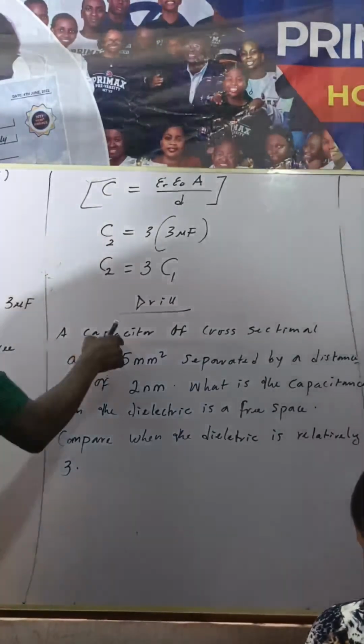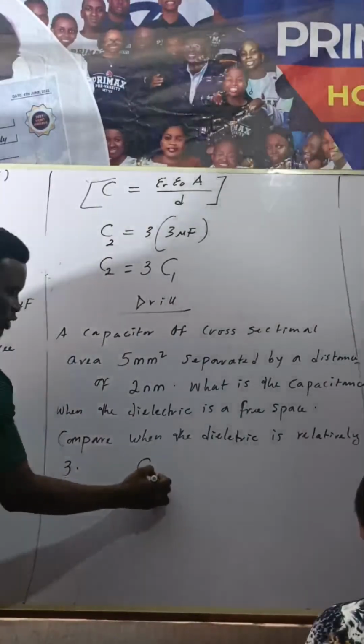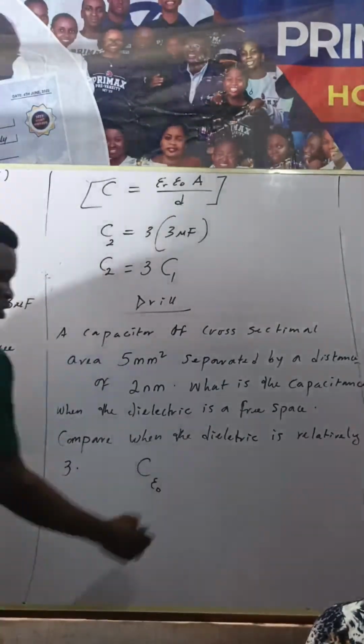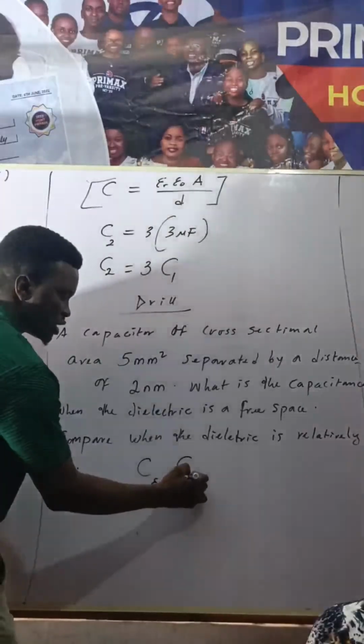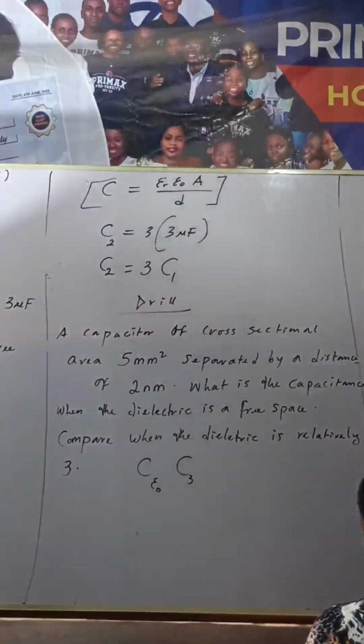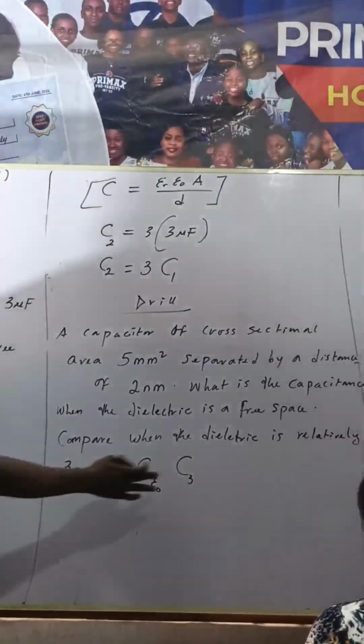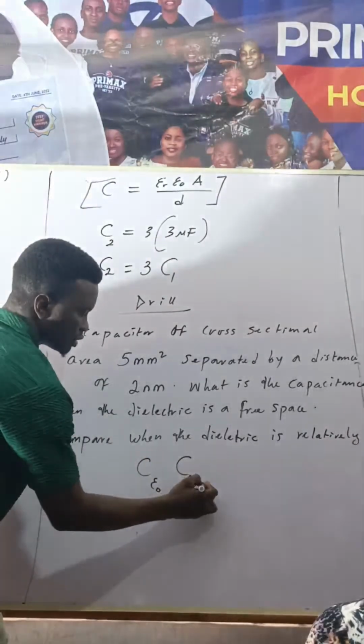That means that I should compare the capacitance when it was a free space to the capacitance when you are using a dielectric material that the relative permittivity is 3.